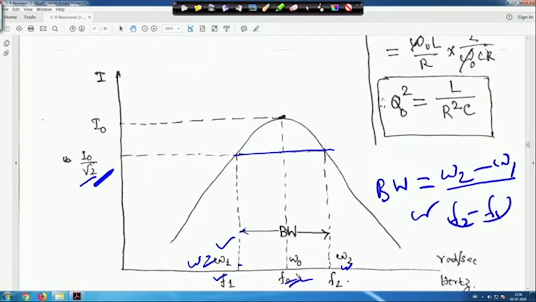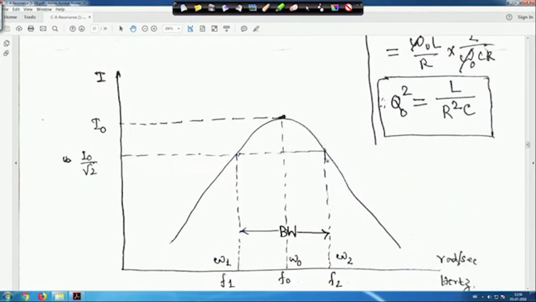When omega is equal to omega 1, for the series RLC circuit we have seen that XC is greater than XL, or on the other side XC is less than XL. So, these 2 points are called half power points, and this distance we call bandwidth. If it is omega, it is in radian per second; if it is frequency, then it is in hertz.